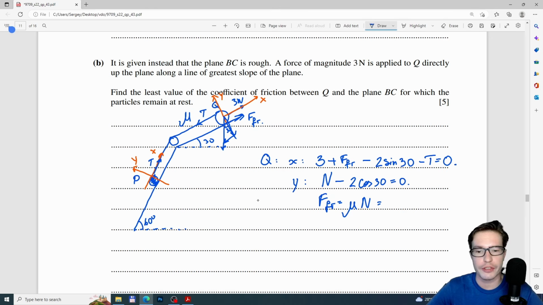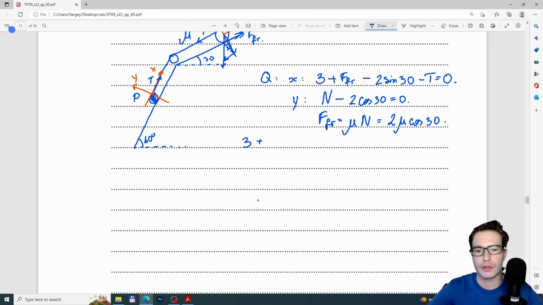From the equation on the y-axis, the normal reaction equals 2 times cosine 30. So all in all, the force of friction will be 2 mu cosine 30. Now let's substitute it into the top equation and we'll get 3 plus 2 mu cosine 30 minus 2 sine 30 minus T equals 0.